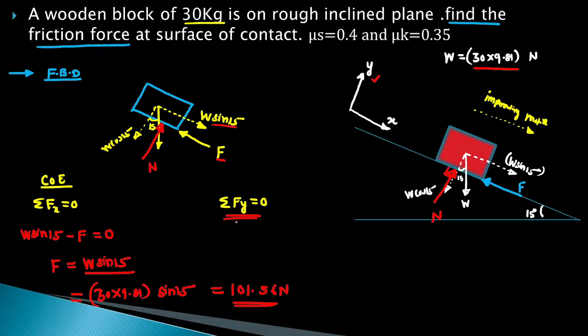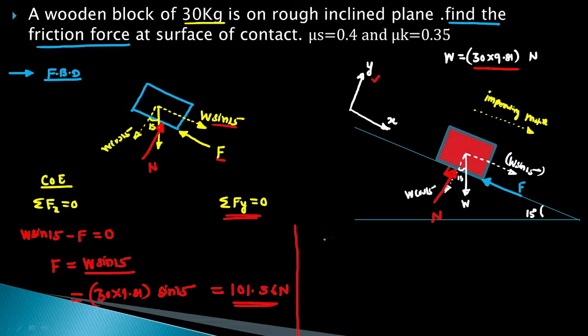If you want to check whether this surface will offer a frictional force equal to 101.56, then we can check the maximum frictional force that can be offered by this inclined surface. For that consider Fy.